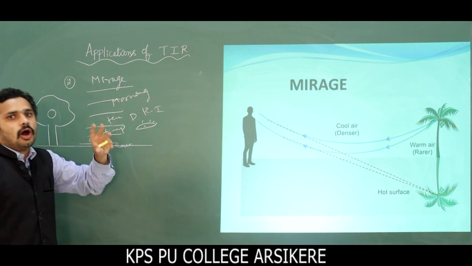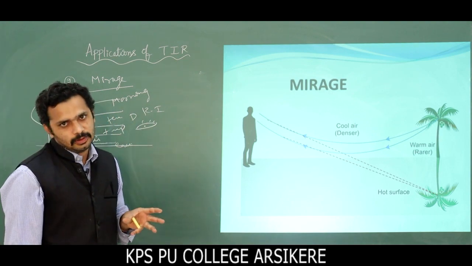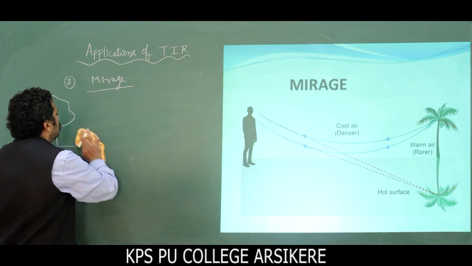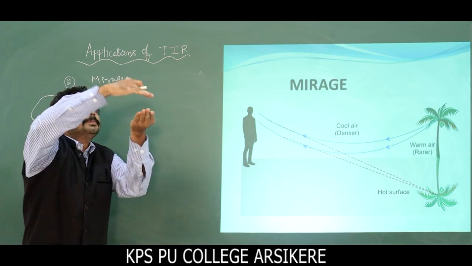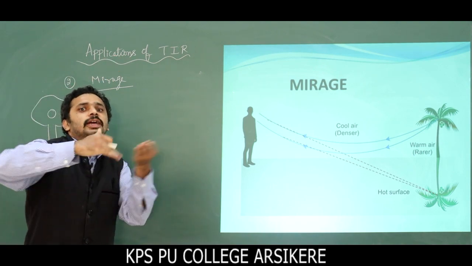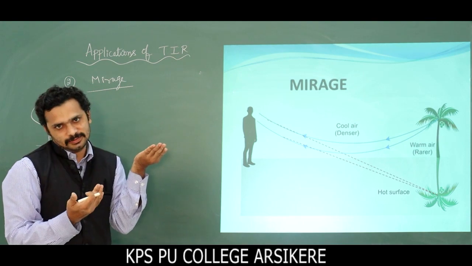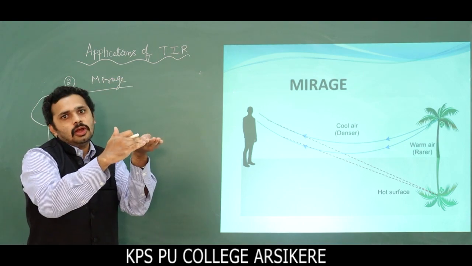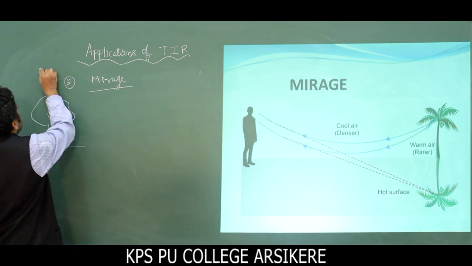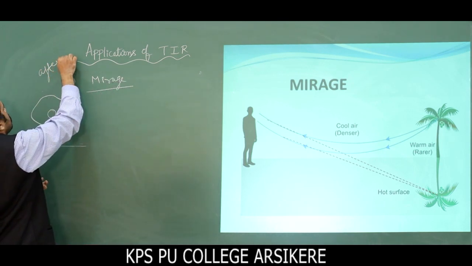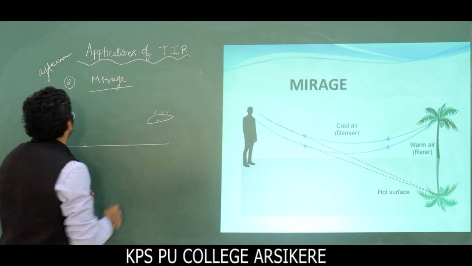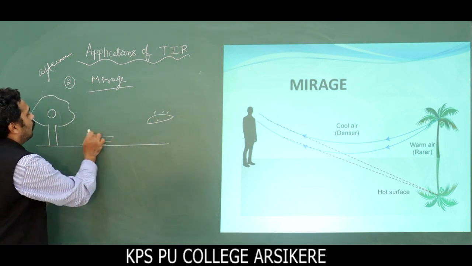So I told you, hot desert regions. When? Afternoon time. In the afternoon, the air temperature differs. If air temperature changes, the density of the air changes. Below, near the surface, there is hot air; above the surface, cool air. Here is the observer, in the afternoon time.